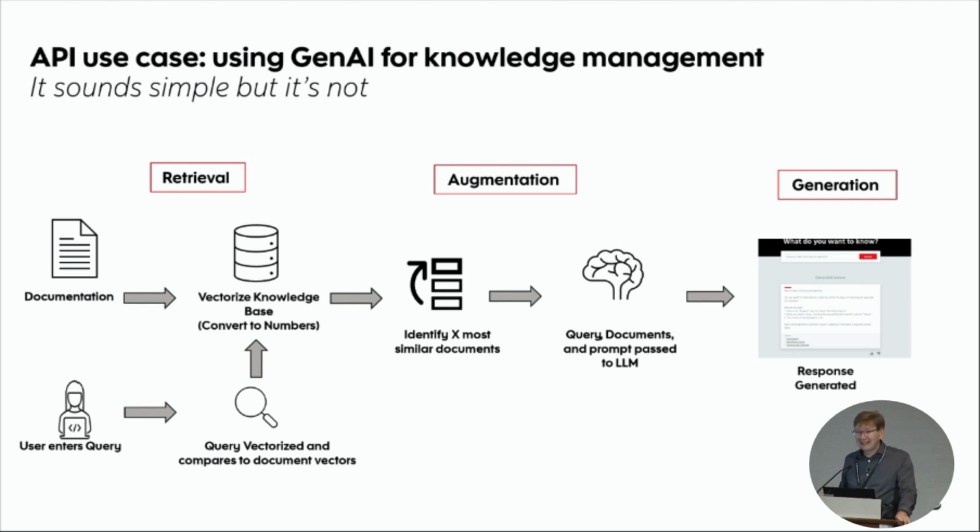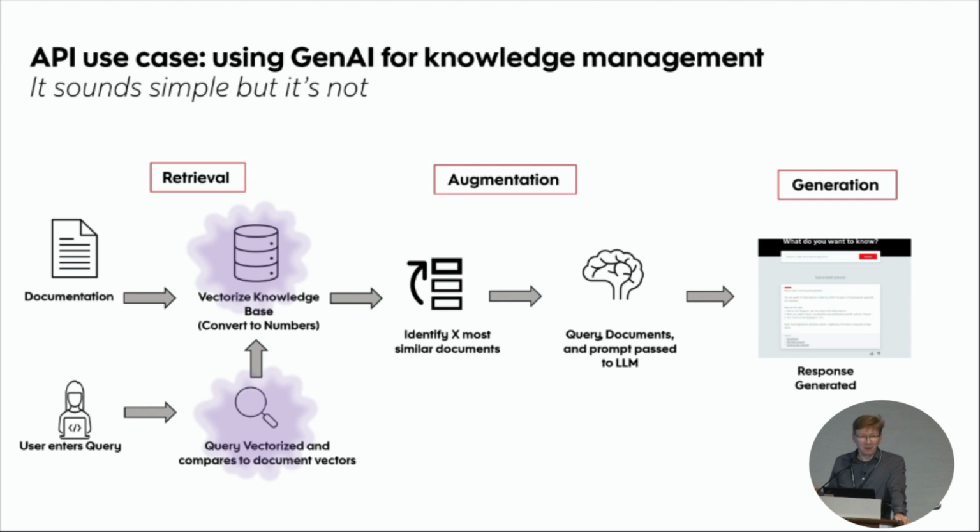The problem is there are many degrees of freedom when we want to build something like this. Again, it sounds pretty straightforward, but it's not. There are lots of knobs you can tweak, lots of hyperparameters to set, in AI parlance. For example, when vectorizing queries or documents, first of all, which embedding model do you use?